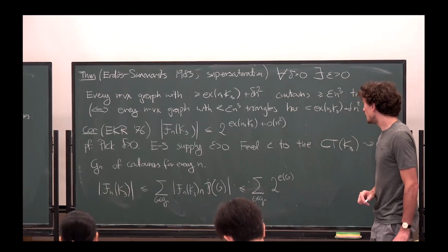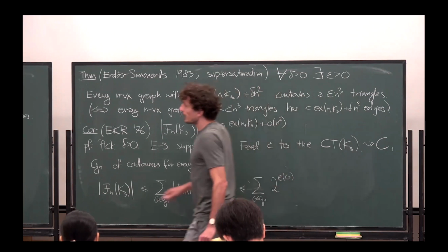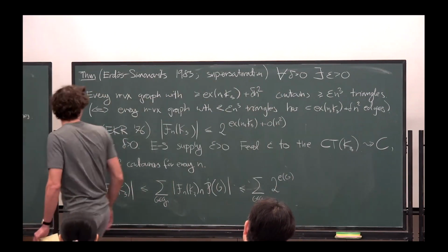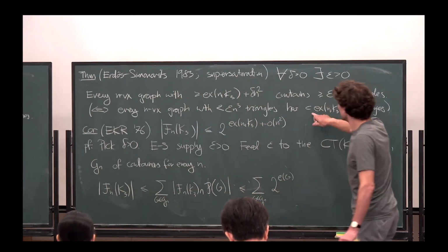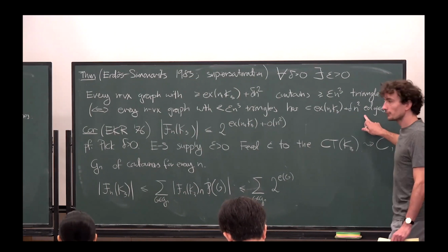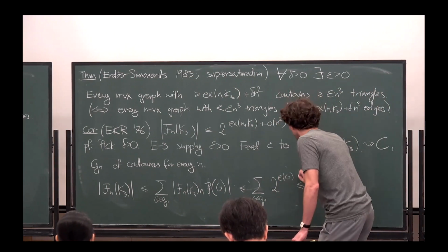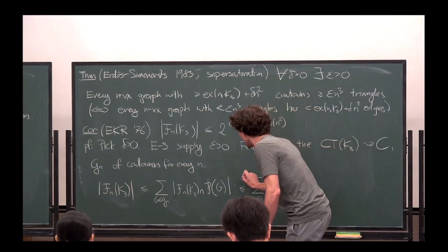Now, this graph G has fewer than epsilon n cubed triangles. So Erdős and Simonovits tell us that it must have fewer than this number of edges. So this is at most, by Erdős–Simonovits and 2. This was true by 1.